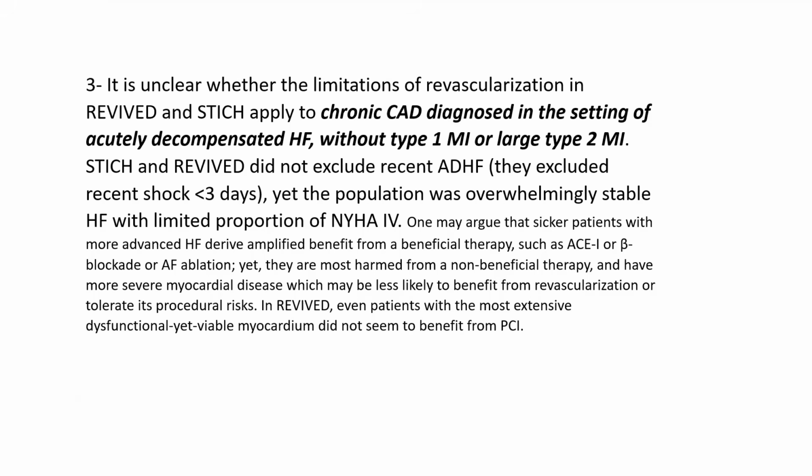Some would say that this acute, decompensated heart failure is sicker than the chronic heart failure that constituted most of the patients in REVIVED and STICH, and they use that as a justification to revascularize patients with acutely decompensated heart failure. But keep in mind that STICH and REVIVED did not exclude recent acutely decompensated heart failure.